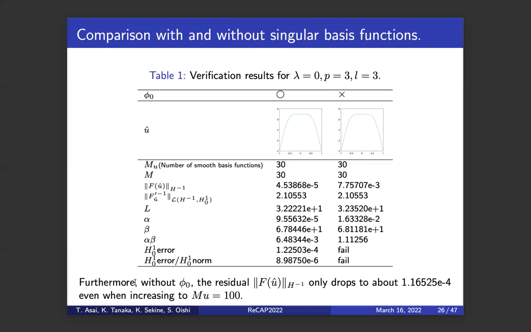And furthermore, if we remove the singular function phi 0 and increase the number of smooth basis functions to 100, the residual norm only drops to about the 10 to the minus 4 order. So the residuals do not reach the order of the case with singular functions, this 10 to the minus 5 order.